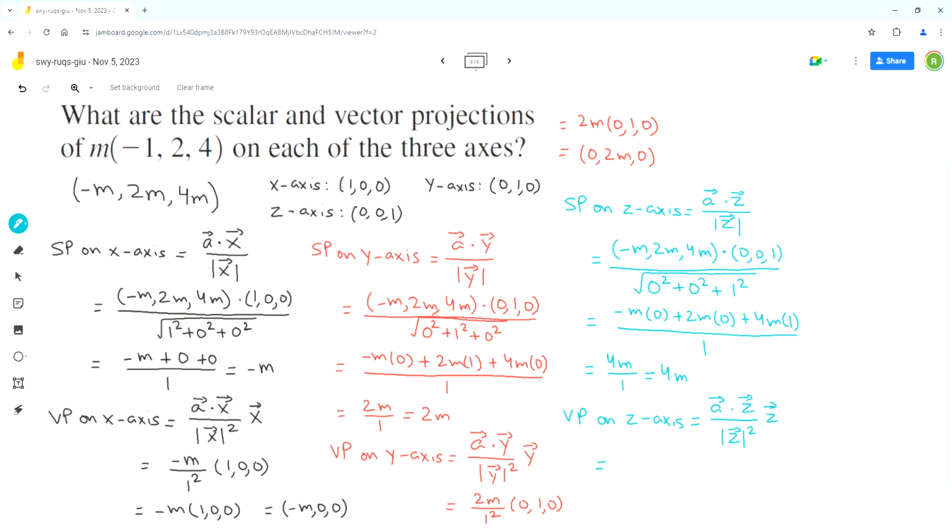The dot product in the numerator will give us 4m. The magnitude of vector z is 1. Now we can multiply the vector (0, 0, 1) by 4m. So we multiply each component by 4m and the answer is (0, 0, 4m). So this is the vector projection of the given vector on z-axis.